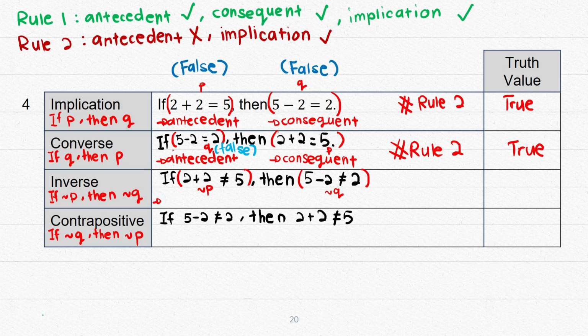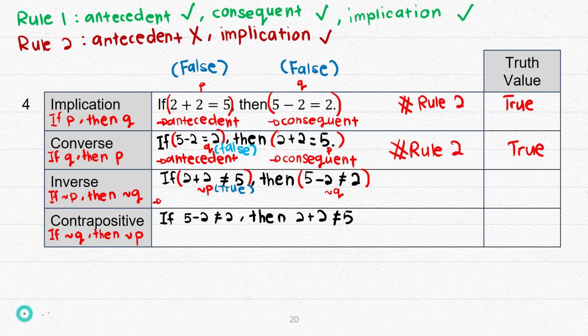Right now my question is, which one is the antecedent? Tilde p. Yes, tilde p will become the antecedent in this situation.